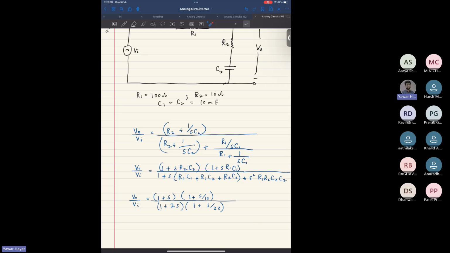Has Laplace transform been covered as of now in the curriculum?